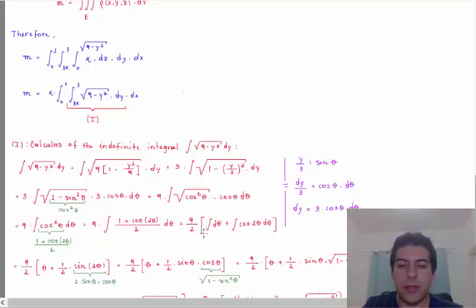The first integral is just the integral of d theta, which will be equal to theta, and the second one is an easy integral to perform too. It's the integral of cosine of 2 theta d theta. It will be 1 over 2 times sine of 2 theta.